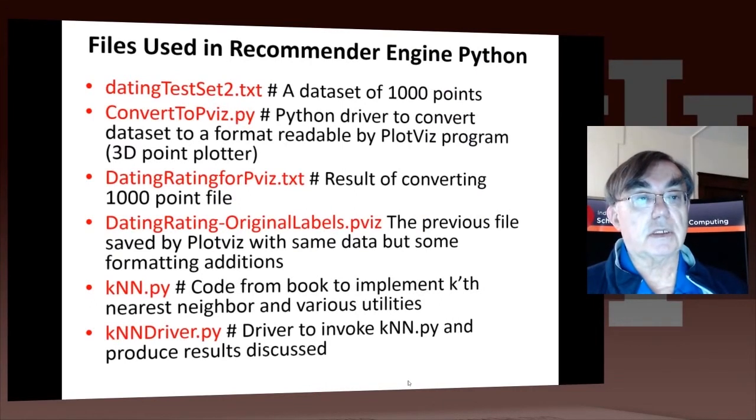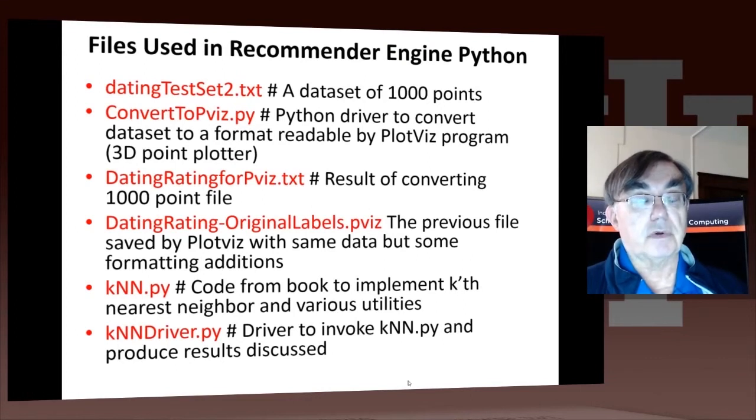This section uses the following files which are available. There is the file from the book, dating test set 2.txt, which is a data set of 1,000 points, which we'll be classifying and using to produce recommendations. We have a little Python driver to convert that into the format used by the 3D plotter.